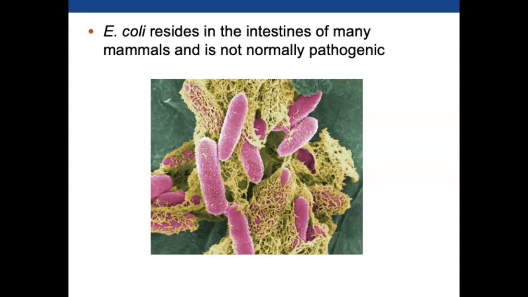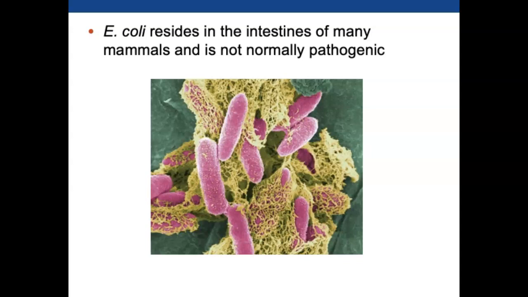When I do water quality research in Belize in Central America, it's a standard test. Coliform bacteria tells us if there's potentially pathogenic stuff in the water. So good guys in the intestine, bad guys when they get out of the intestine. We need to be careful of those.